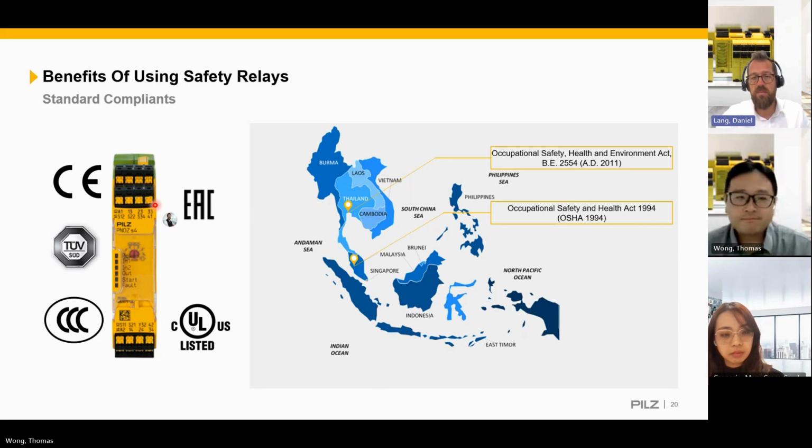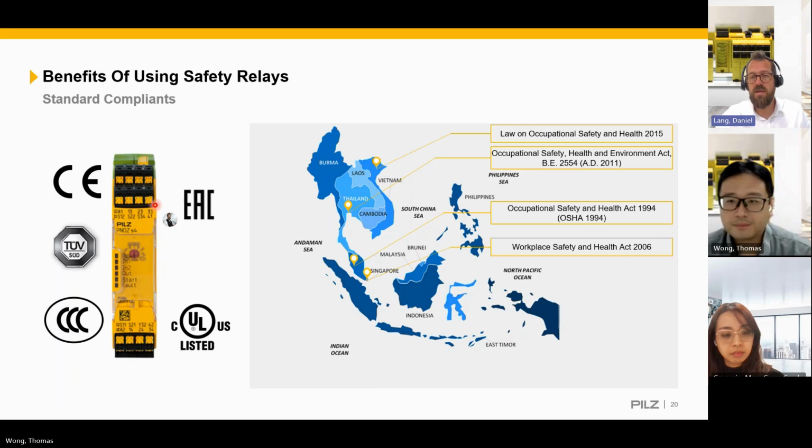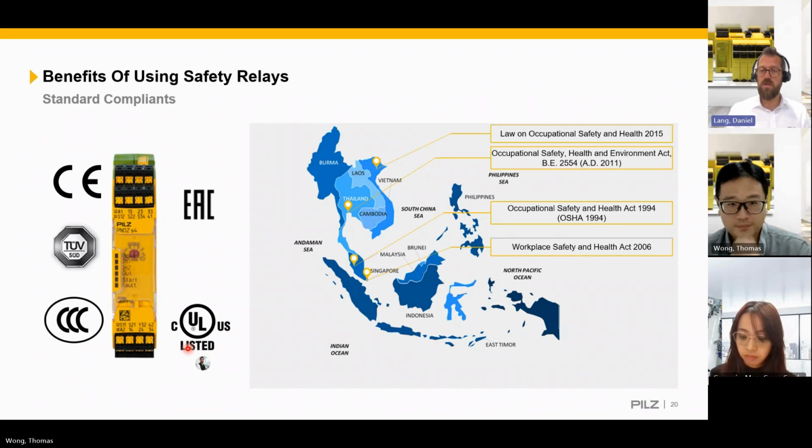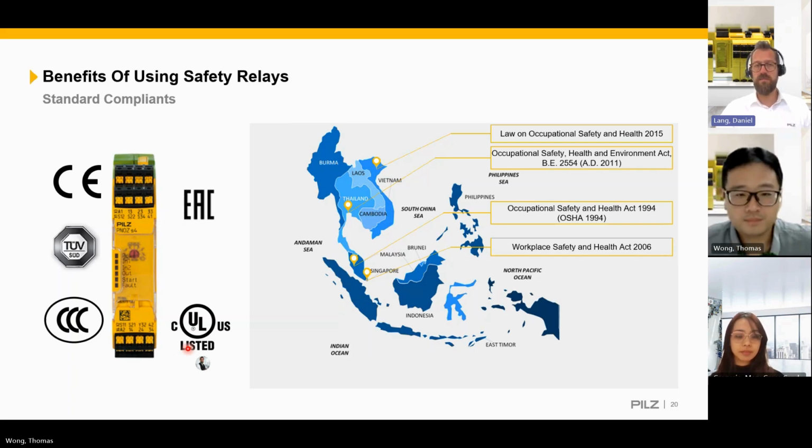For Thailand, Singapore, Malaysia, and Vietnam, we have some specific acts. Let's say for Singapore, we have the Workplace Safety and Health Act from 2006, which takes care of all the standards that the machines have to comply with. And these safety relays, as you also know, if you want to export them, carry markings, like the CE marking from Europe, Triple C for China, and UL listed for the US market. All the safety relays come with that.